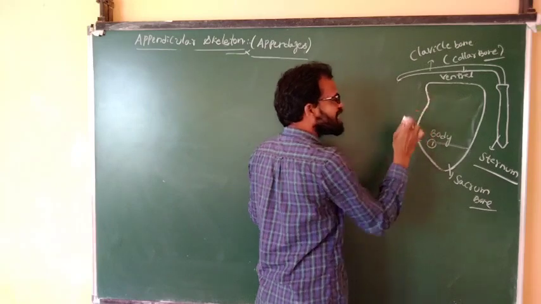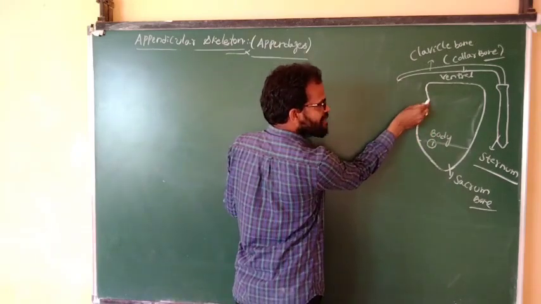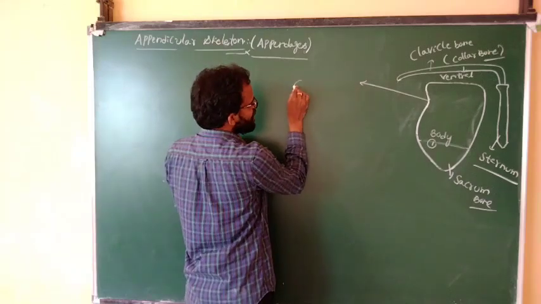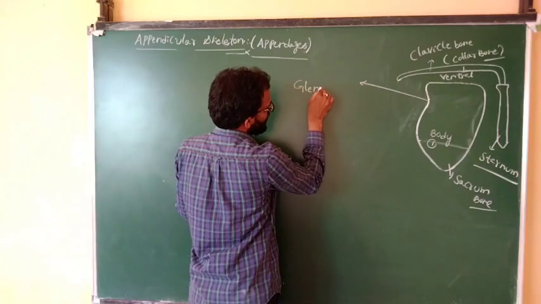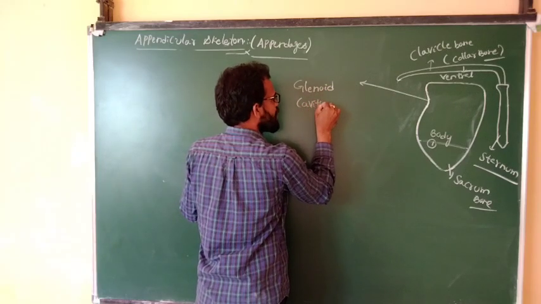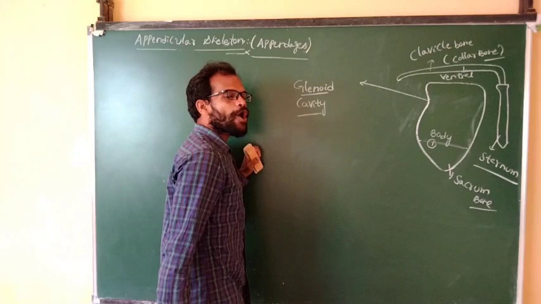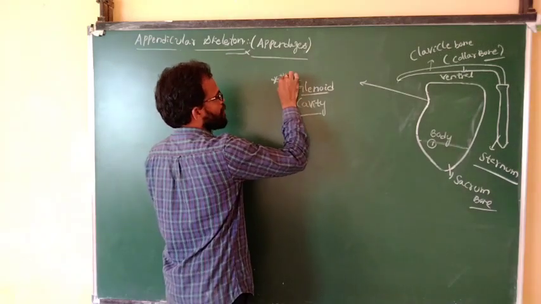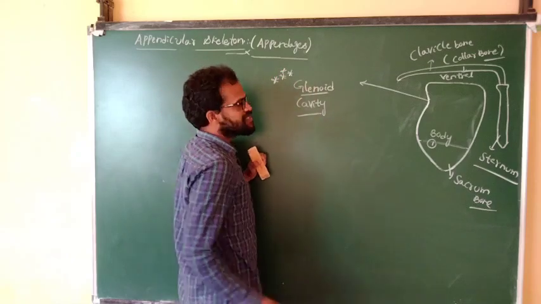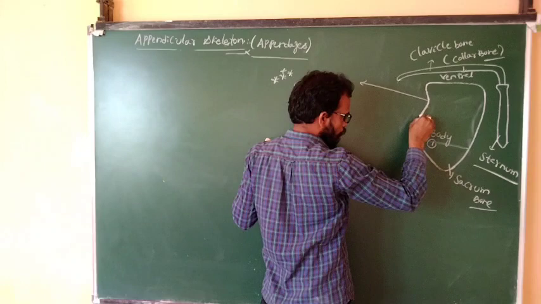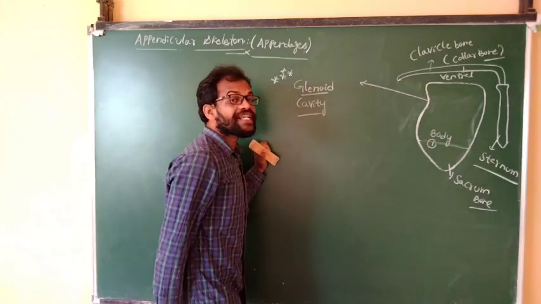The pectoral girdle consists of this cavity, which is known as the glenoid cavity. What is the cavity? Glenoid cavity. The glenoid cavity is very important. See here, in the scapula it is considered the small cavity. What is it? Small cavity.